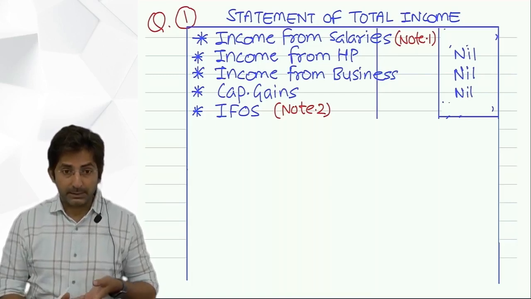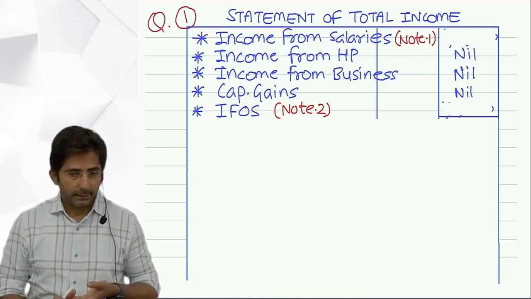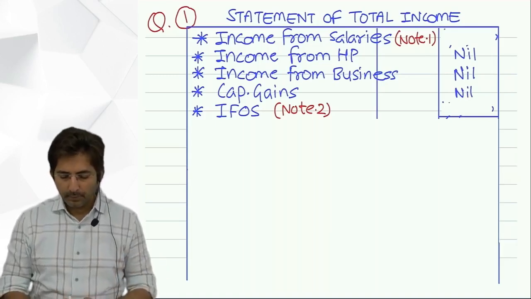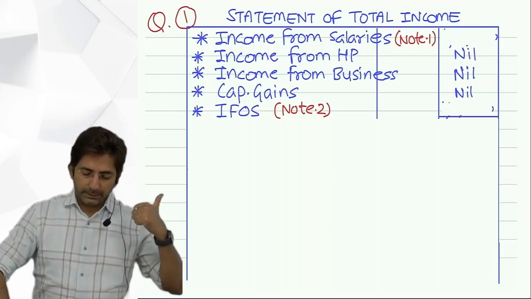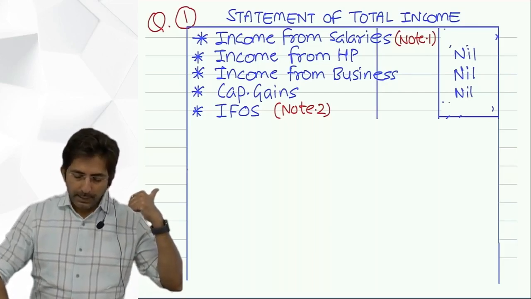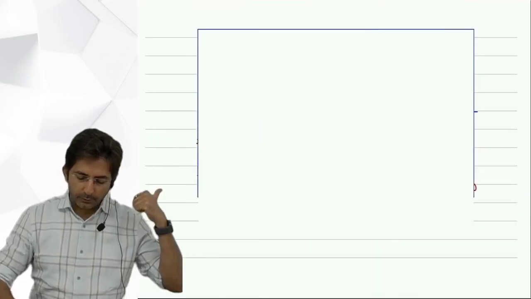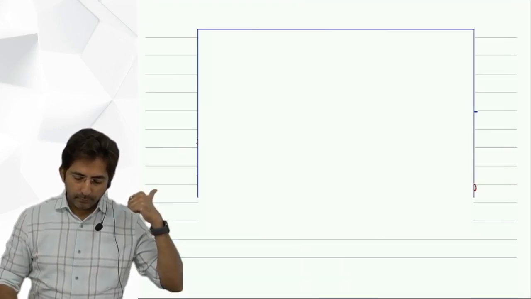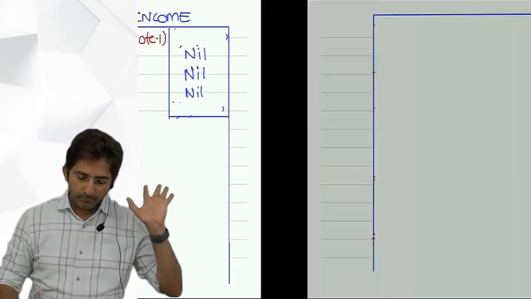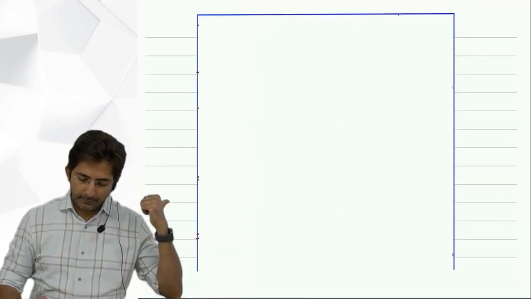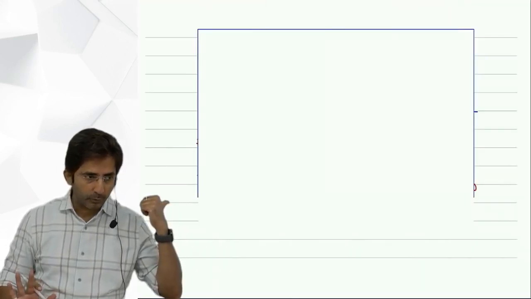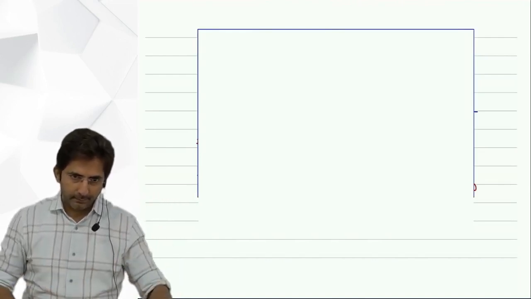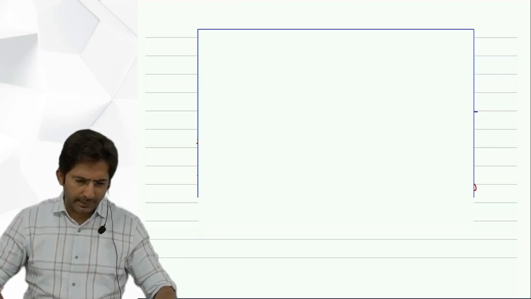Because there are chapter 6 items, and not just 1 or 2, there are many chapter 6 items. So see what I have done, look here. I have left this place also, and then note 1. My page size is small, so see, this page I have left, next page I have left, next page also I have left. So you can leave that side and another side and then directly go to the third side. That you can do.